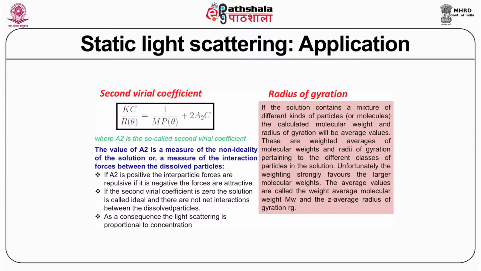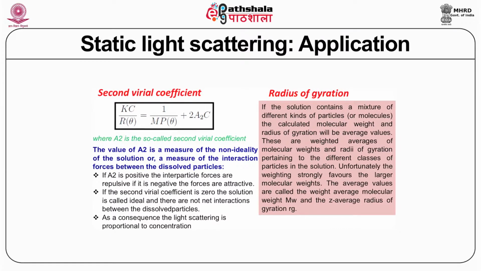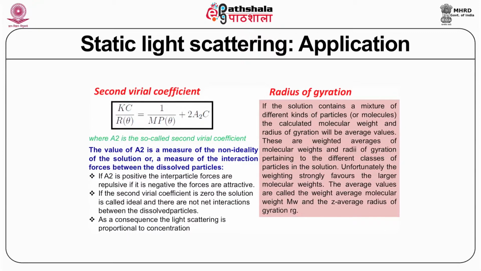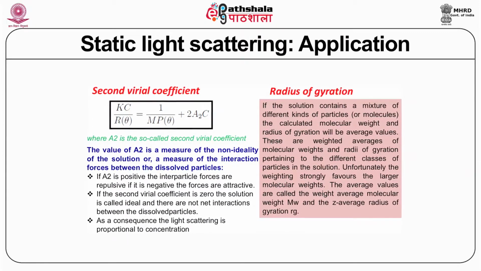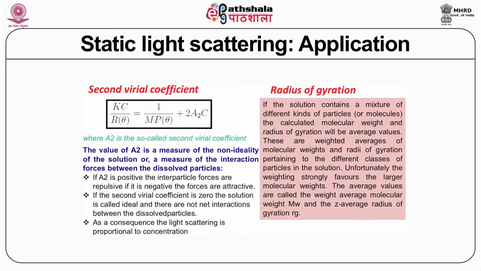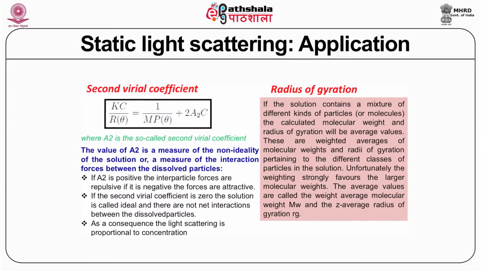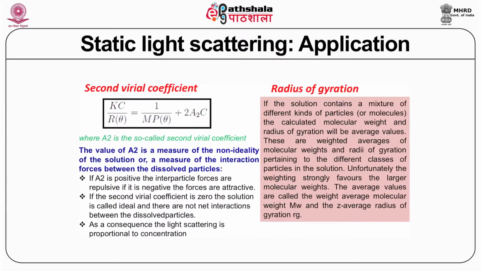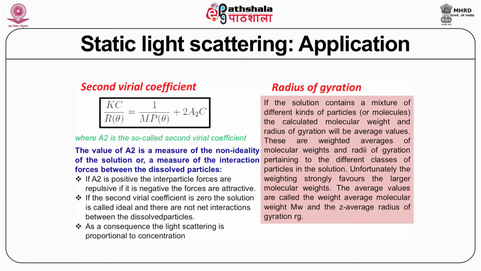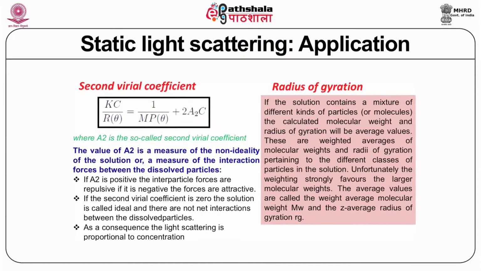If the A2 value is positive, the interparticle forces are repulsive, and if it is negative, then the forces are of course attractive. If the second virial coefficient is 0, the solution is called ideal and there are no interactions between the dissolved particles. As a consequence, light scattering is proportional to the concentration.